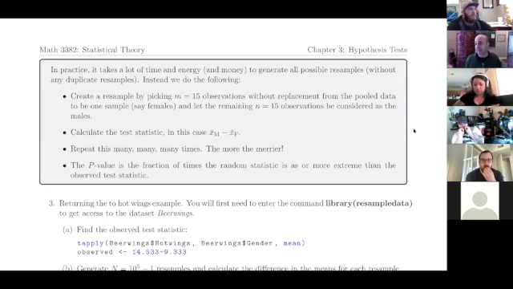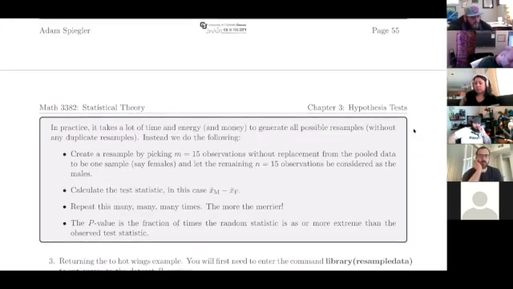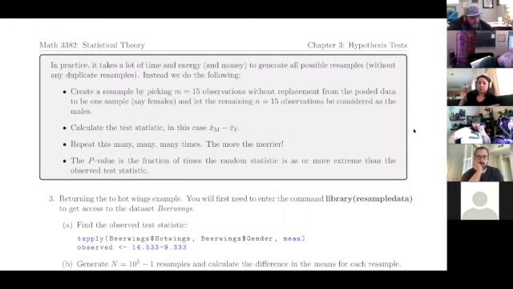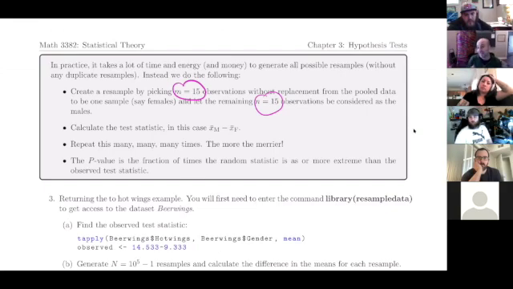We would have gotten the same difference if we just randomly assigned 15 people to one group and 15 people to another group based on randomness and not based on their gender. So we would group all 30 people together and then randomly pick 15 of them for one group, and then put the rest of them in the other group. And again, these groups don't have to be the same size.